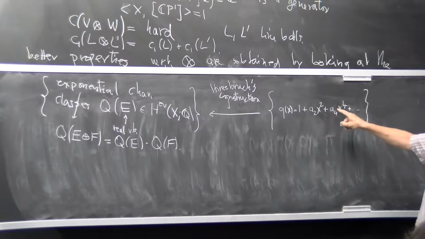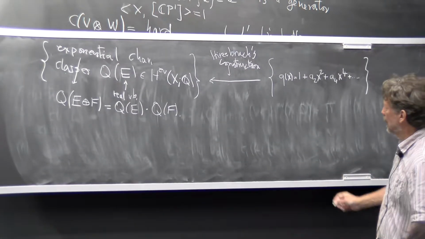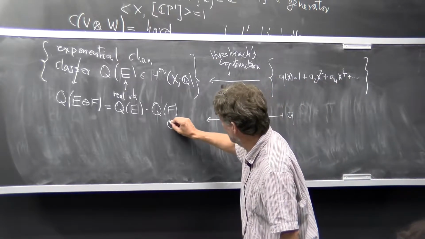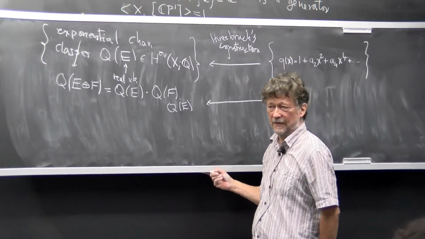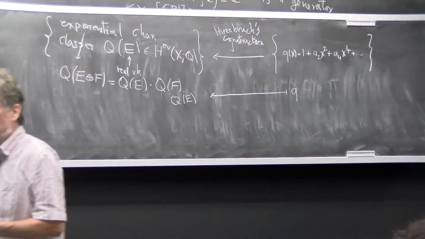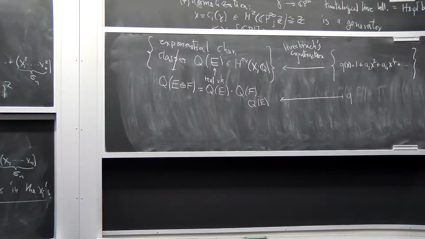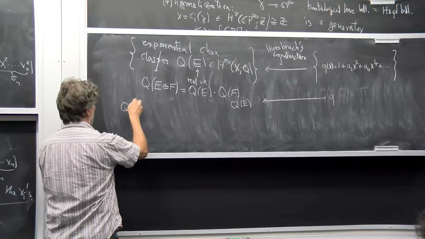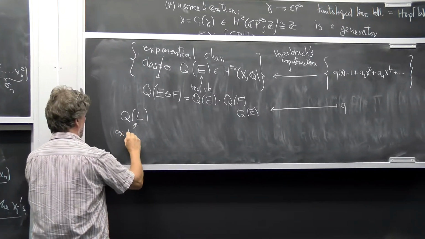So for each such power series, you want to produce a class here. So how do you do that? So this little q goes into capital Q of E. I need to define what this is. Like I did in the case of the Chern character, I'm first going to tell you what this is for line bundles, and then I'm going to argue from there. So Q for a line bundle L, now I apply this to a complex line bundle.